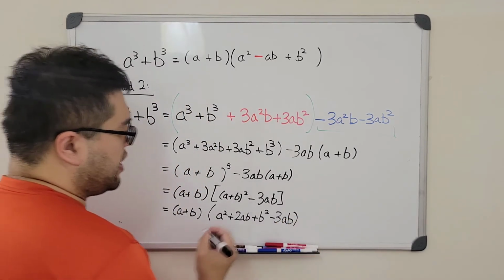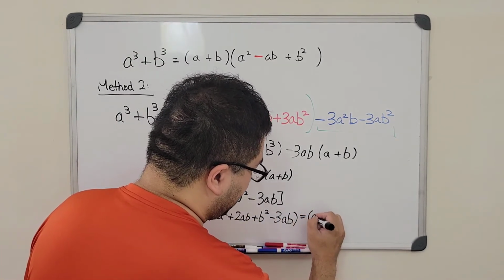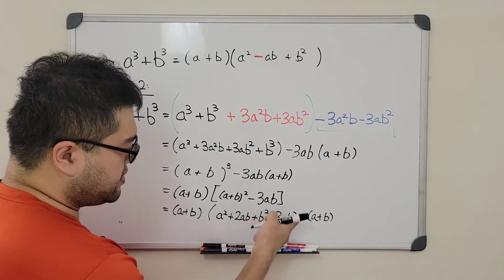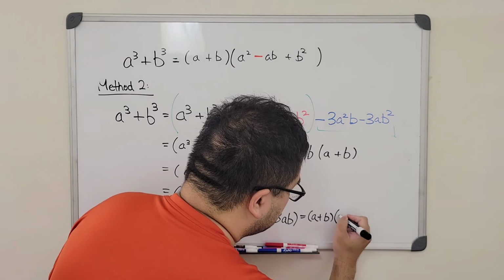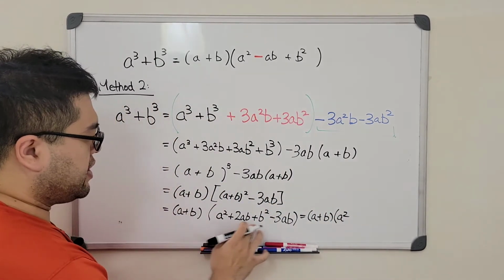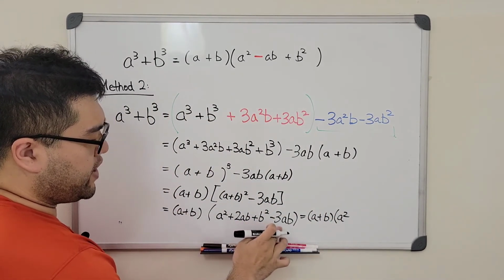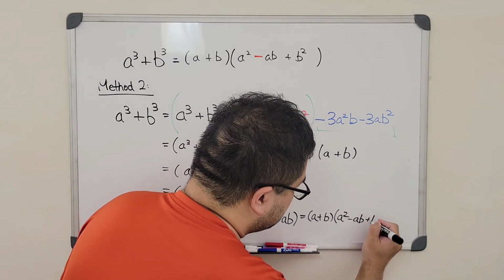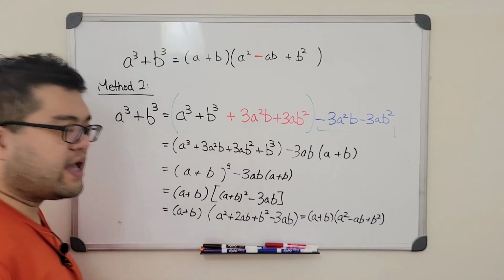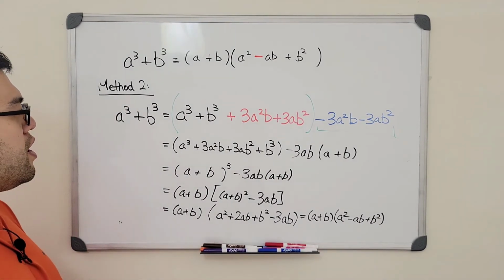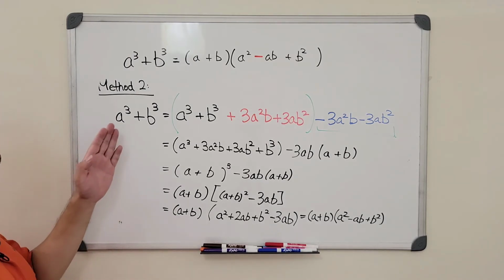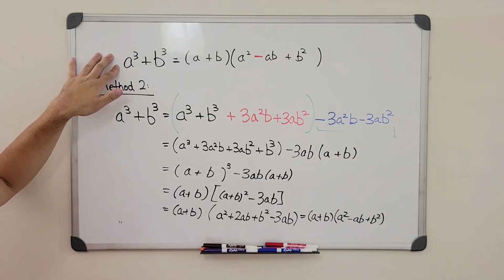And therefore, as we simplify it, we get A plus B from here times the second factor, A squared. Now we have 2AB minus 3AB to give us negative AB plus B squared. And that is it. Ladies and gentlemen, here is the second method of showing the identity above is true.